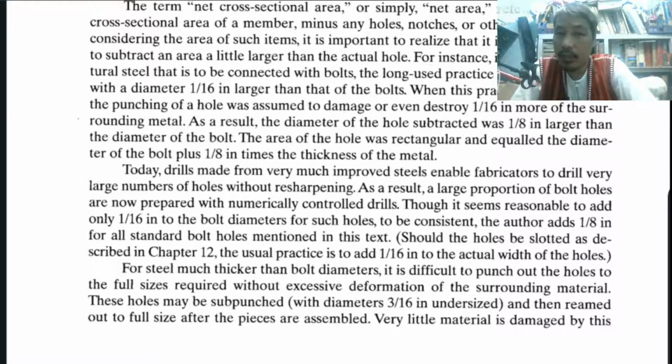NC machine, numerical control, that is computerized. Though it seems reasonable to add only 1/16 inch to the bolt diameter for such holes, to be consistent, the author adds 1/8 inch for all standard bolt holes mentioned in this text.